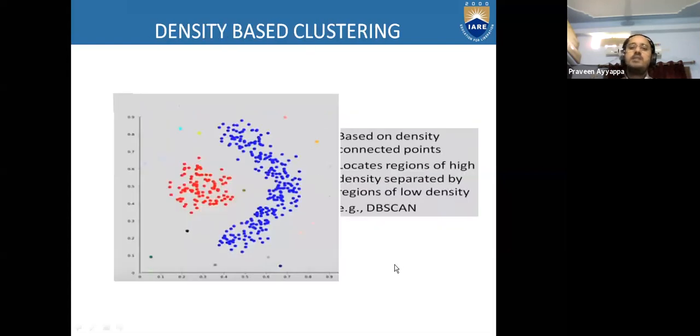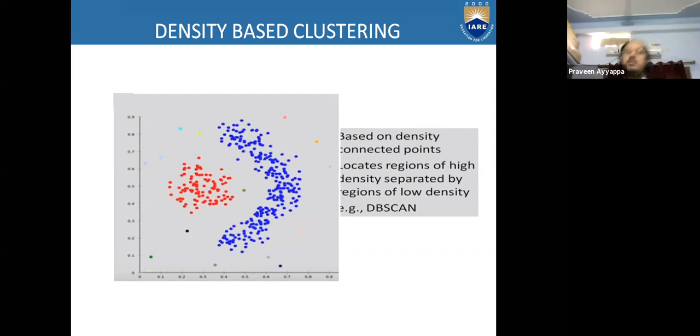Next, the density-based clustering. Based on density connected points, it locates regions of high density separated by regions of low density. Here, if you look into the figure where we have the dots of reds and blues, the dots represent the availability of more number of objects in that particular area.